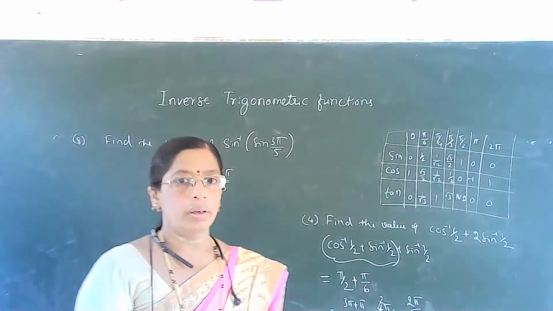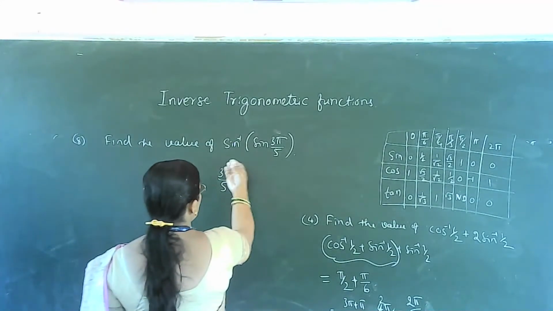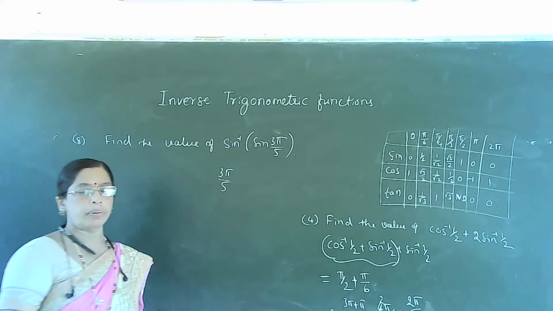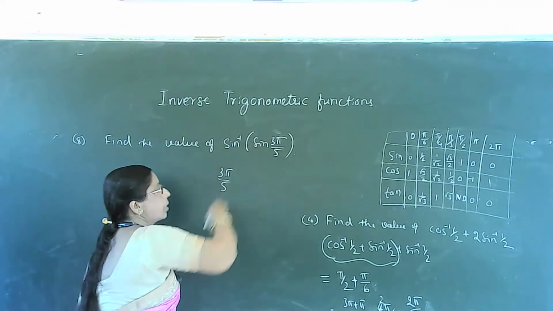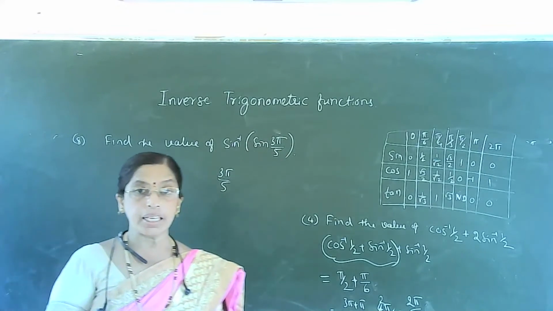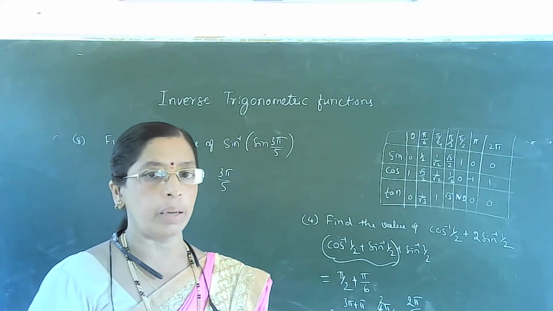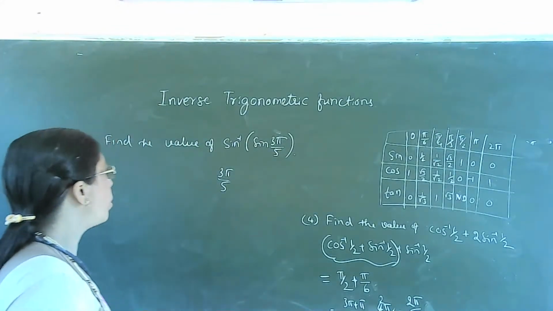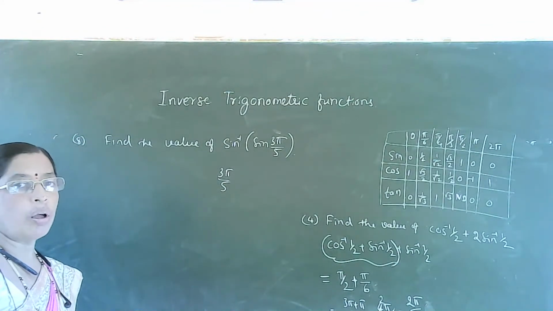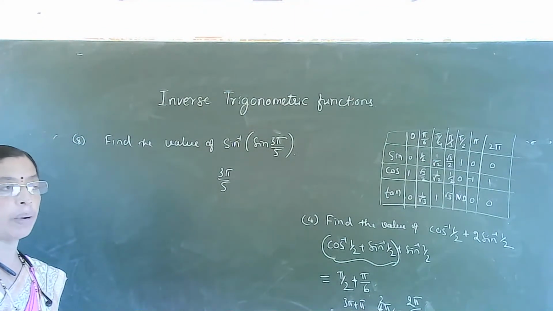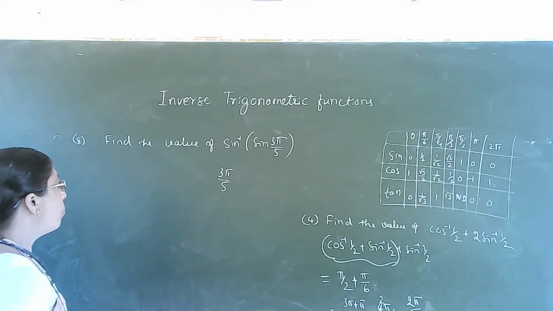It's the wrong one. Students think sine inverse of sine cancels, and the answer is 3 pi by 5. But the answer must be in the principal value branch, and 3 pi by 5 does not belong to the closed interval minus pi by 2 to plus pi by 2.